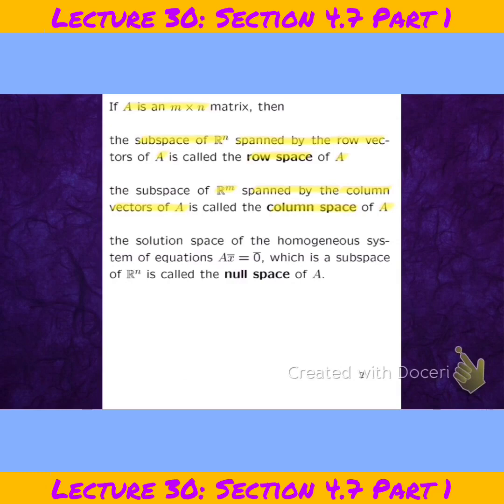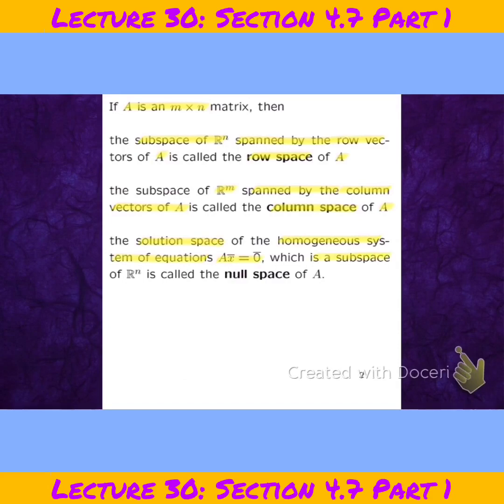Then lastly, the solution space of the homogeneous system of equations derived from the matrix A happens to be a subspace.